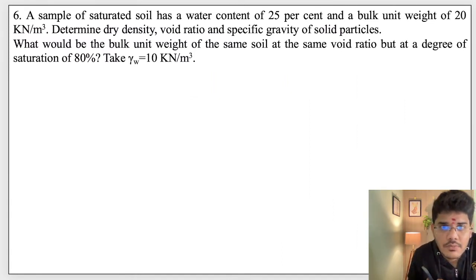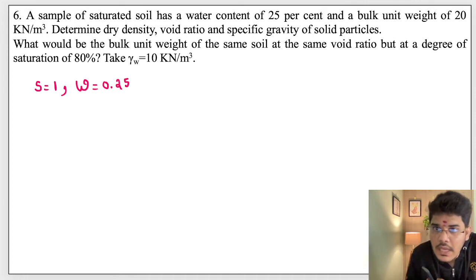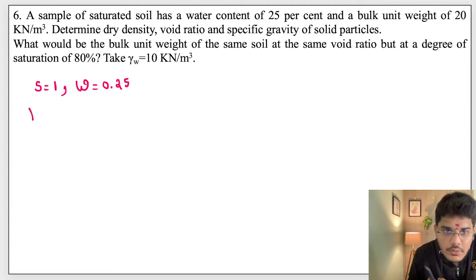A sample of saturated soil has a water content of 25%. Saturated means S is equal to 1, degree of saturation is equal to 1, and water content he has given, that is 25%, 0.25, and a bulk unit weight of 20 kilonewton per meter cube.